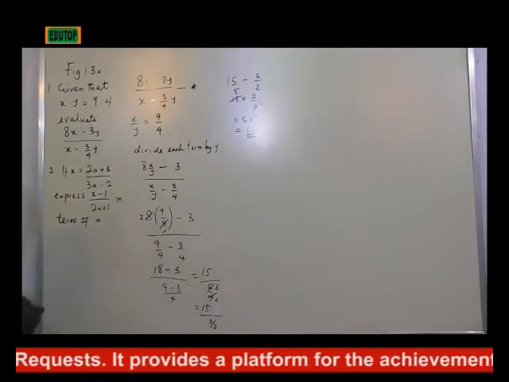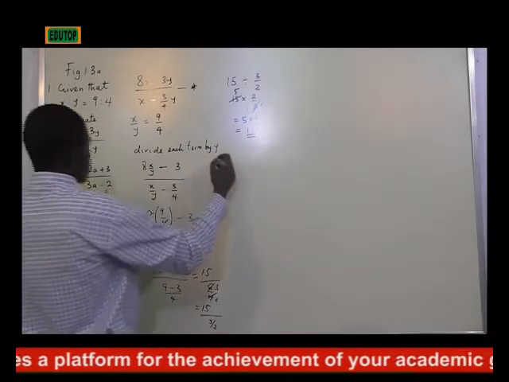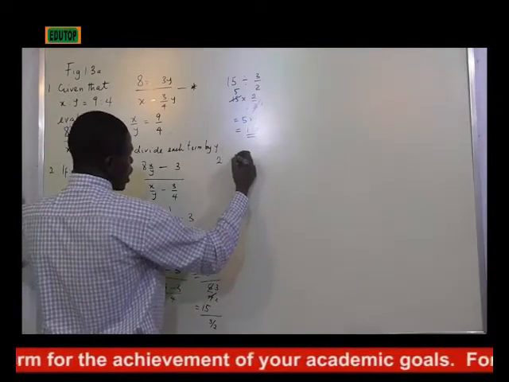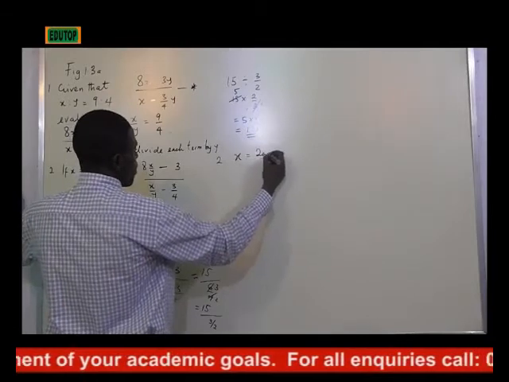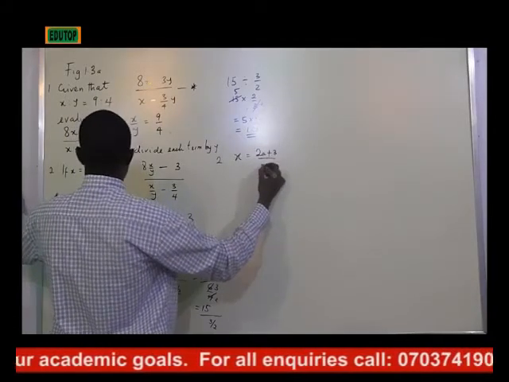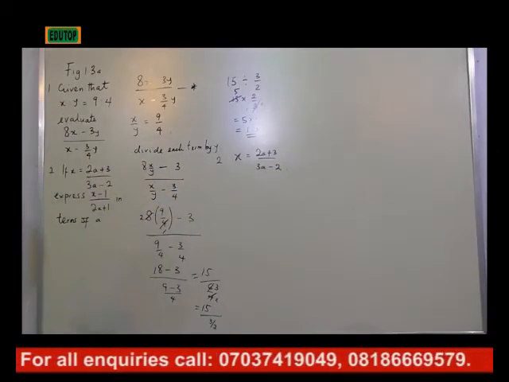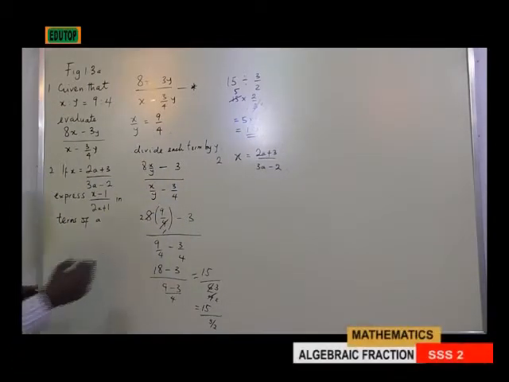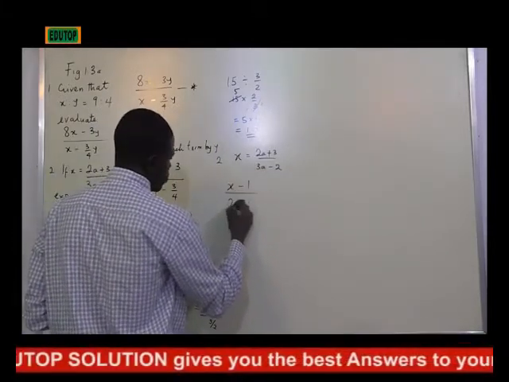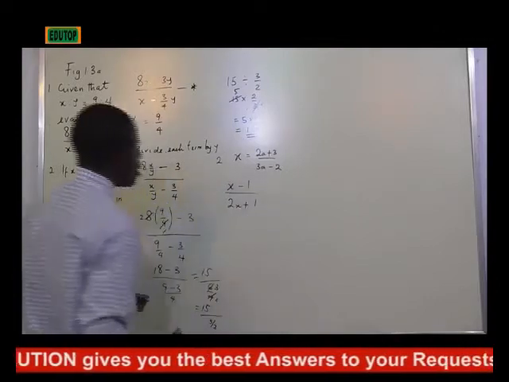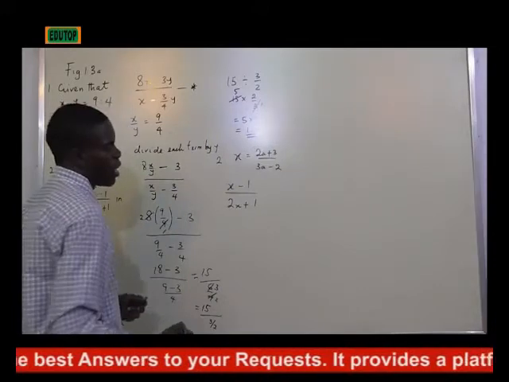So here, in question 2, I've been given a clue that I should let x be equal to 2a plus 3 over 3a minus 2. Then I have x minus 1 over 2x plus 1. Anywhere I have my x, I will replace it with this expression.